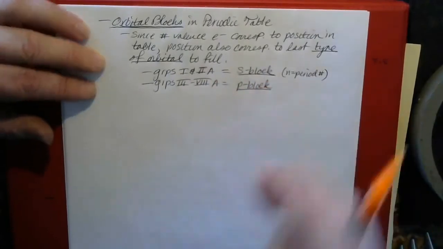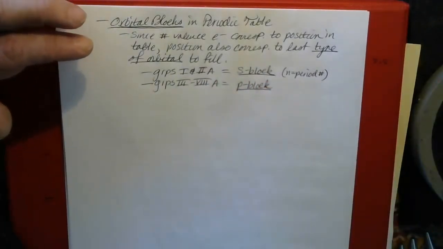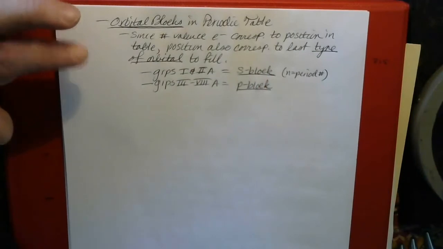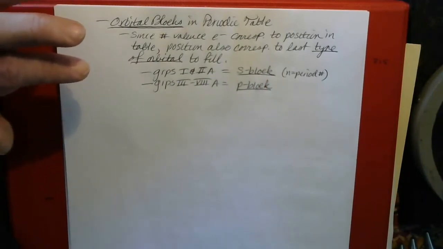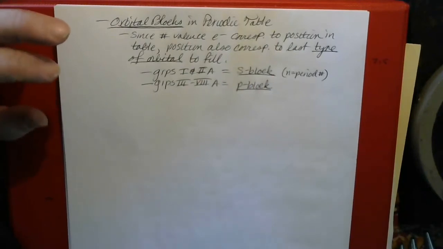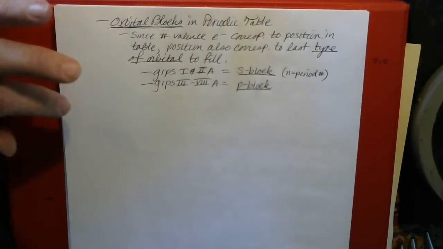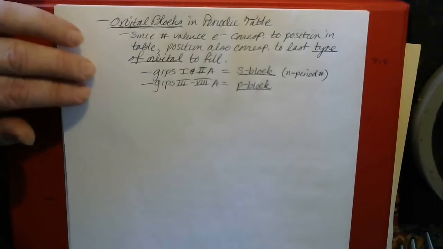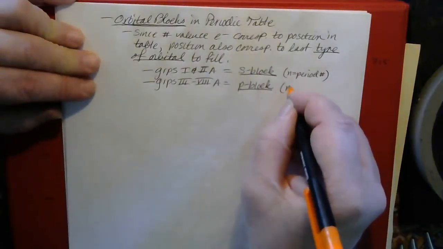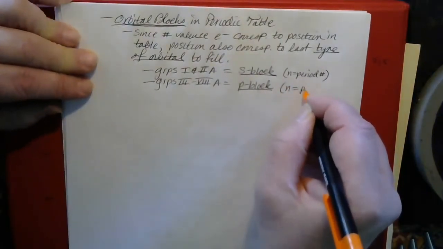For those elements, the last orbital to get any electrons in it, it won't necessarily fill up, but the last one with any electrons in it will be a p-type orbital, and it will be in the shell whose number is the same as the period.